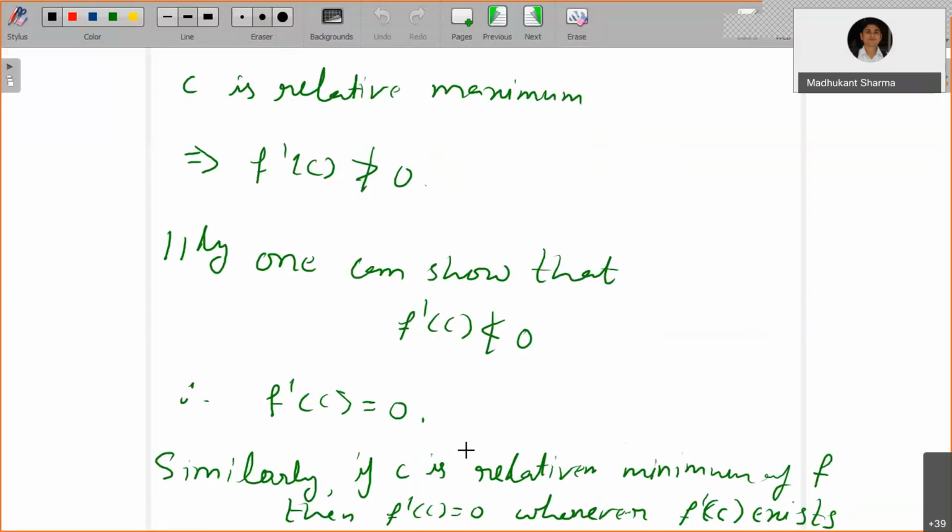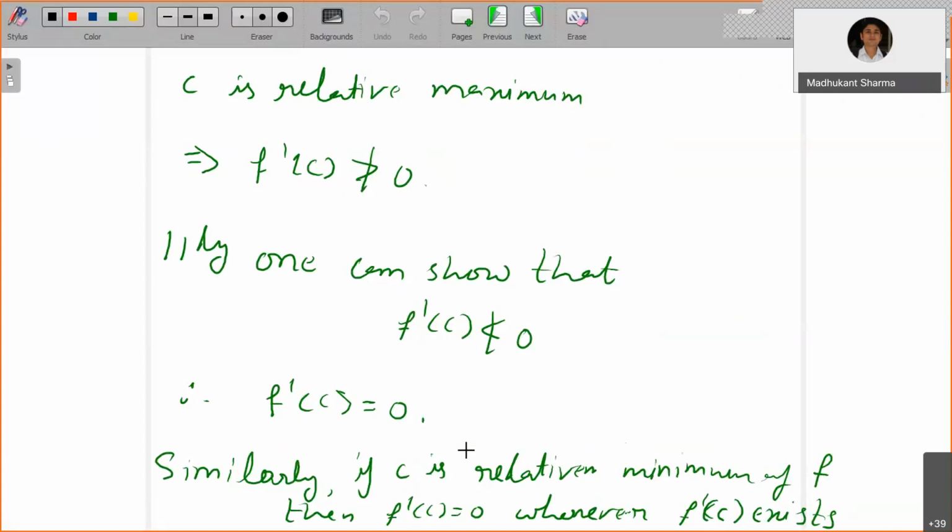Such points c are known as critical points or extremum points, where the function is not differentiable. Second, if the function is differentiable, the derivative's value may be non-zero at the boundary point of the interval if you are considering the absolute maximum and minimum.